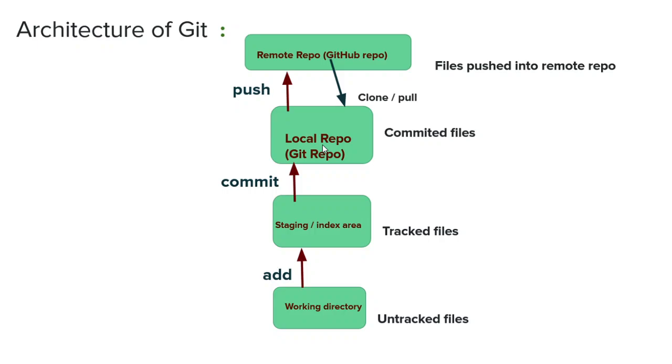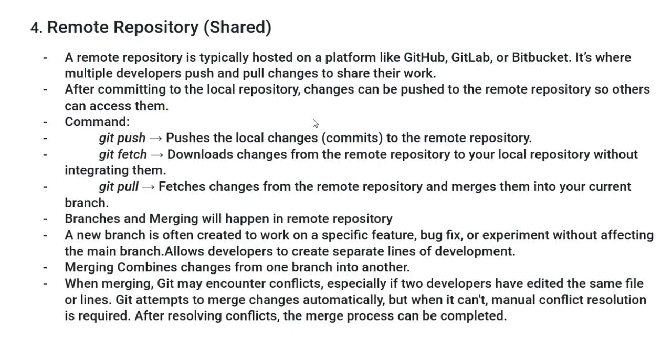Whenever you want the latest code, you can simply pull the remote repo code into your local repository. The remote repository is typically hosted on platforms like GitHub, and it's where multiple developers can push and pull changes to share their work.